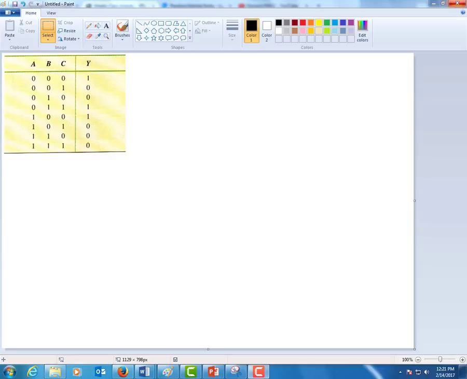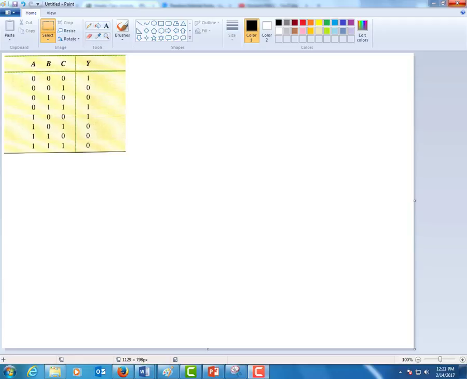So this is a video on basically taking a truth table to a Boolean expression. So before, what we did is you had a schematic, and then you turned it into a Boolean expression. Then you were given a Boolean expression, and you turned it into a schematic.